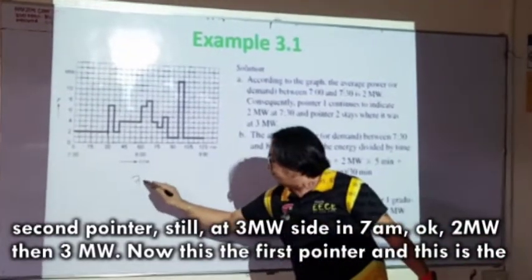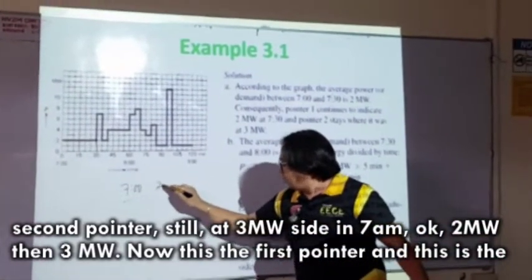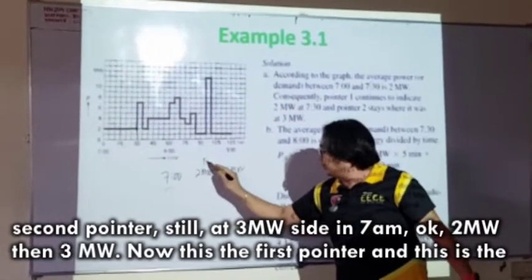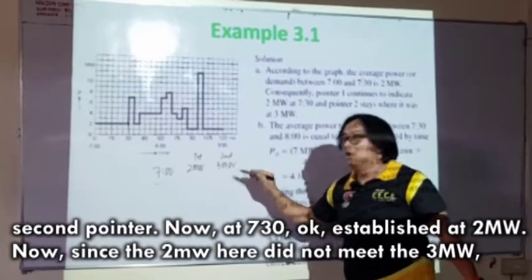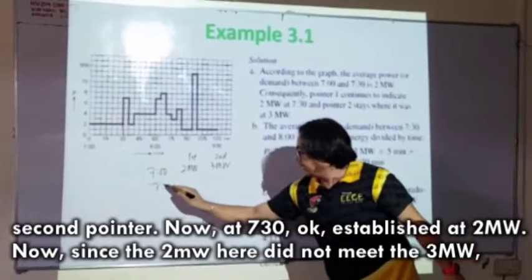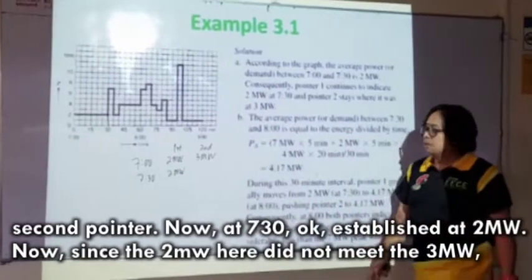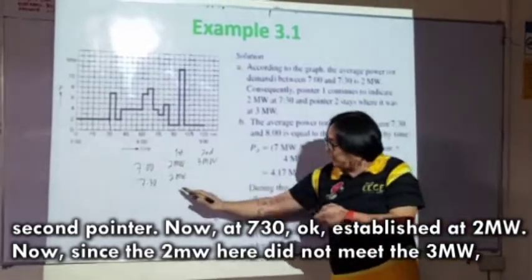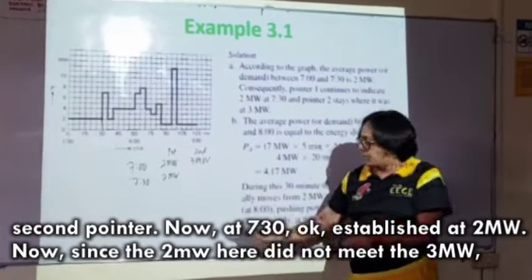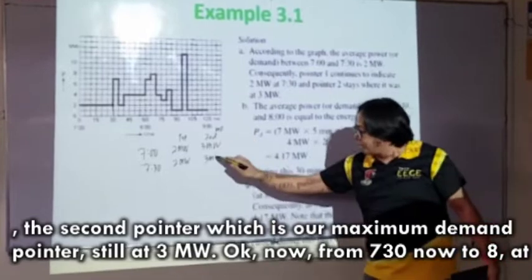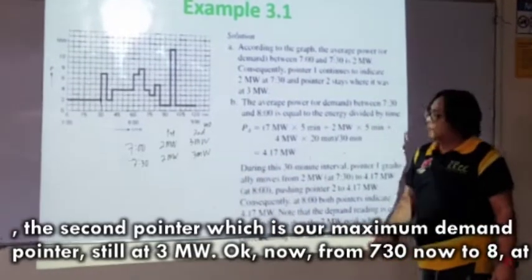At 7 a.m., 2 megawatts, then 3 megawatts. This is the first pointer and this is the second pointer. Now at 7:30, it is established at 2 megawatts. Since the 2 megawatts did not beat the 3 megawatts, the second pointer, which is our maximum demand pointer, stays at 3 megawatts.